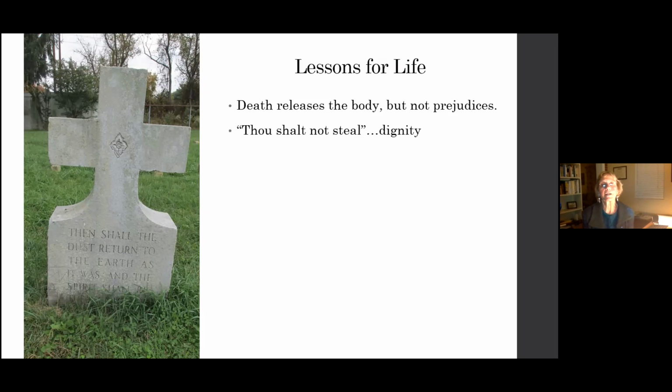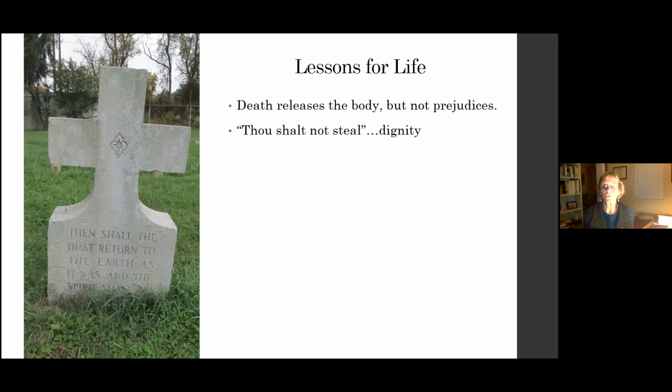Another thing, thou shalt not steal dignity. A couple weeks ago, in one of Greg's sermons, he was talking about the 10 Commandments, and he mentioned stealing, and stealing dignity. Don't let someone steal your dignity, but stealing another person's dignity is a really high crime, I guess you would say.